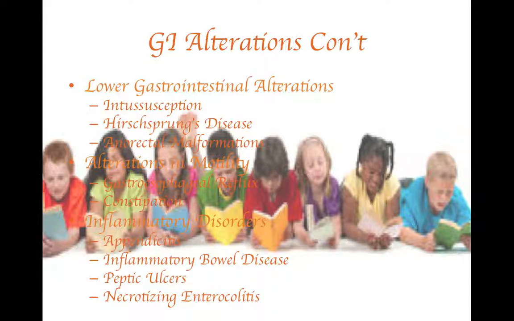When we look at Crohn's disease, when conducting a physical exam, the nurse would suspect Crohn's disease if you saw perianal skin tags or fissures. That would be one characteristic that would make you suspect Crohn's disease.